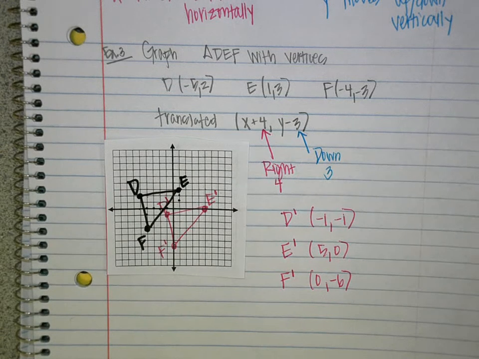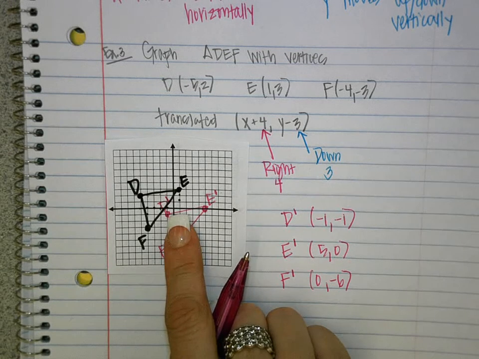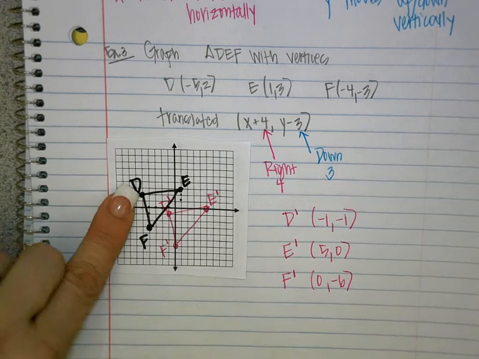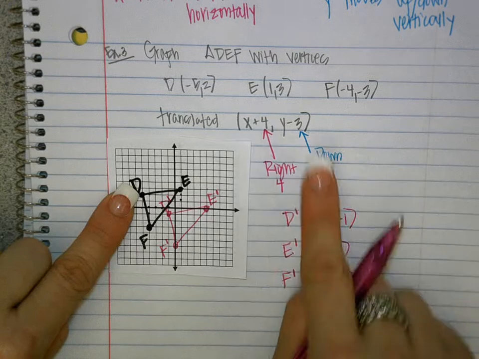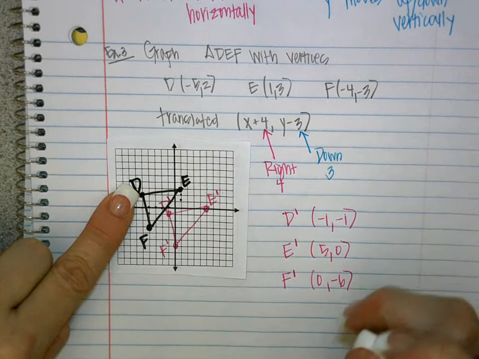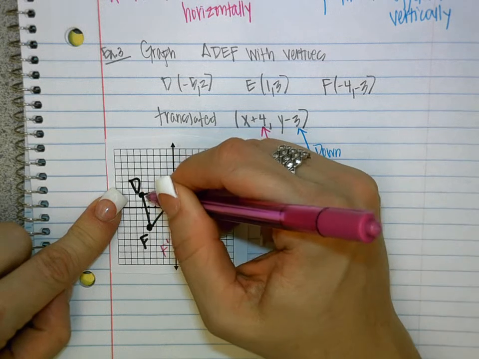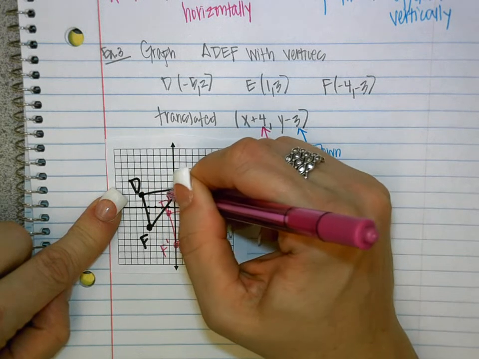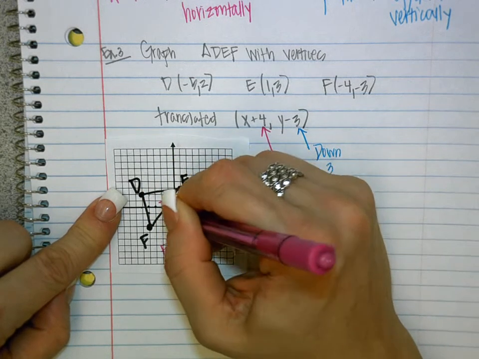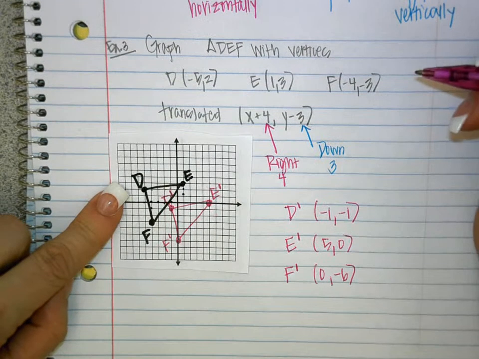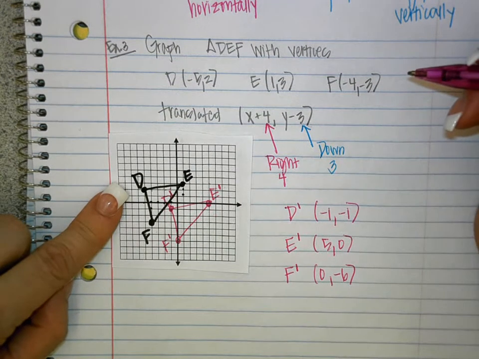To draw the triangle, you just connect the dots. You mean, how do I get to this? So from the original D, this is telling you move right 4, down 3. So from this original location, count with your pencil. Right 1, 2, 3, 4, and down 1, 2, 3, and put a dot, and that's your D prime. So you have to count from every single dot.